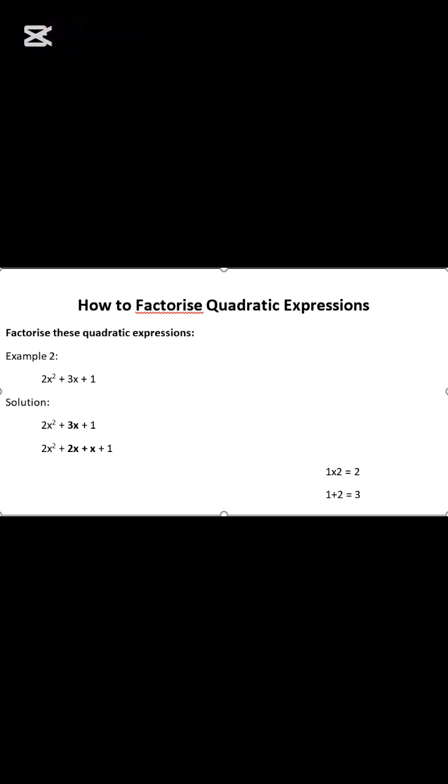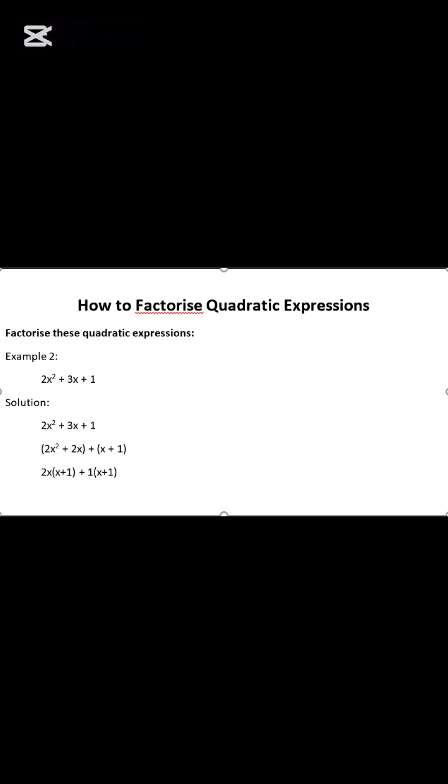Next step is to factor by grouping. Group the first two and the last two terms together. So we have 2x squared plus 2x in one group, plus x plus 1 in the second group. From the first group, factor out 2x. So we have 2x into bracket x plus 1. Also from the second group, factor out 1.